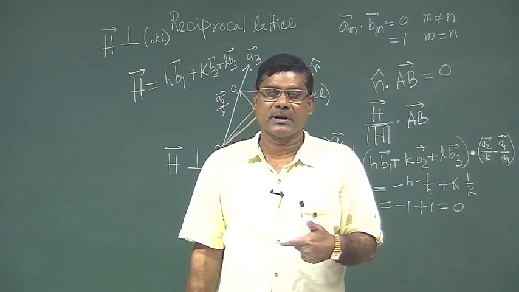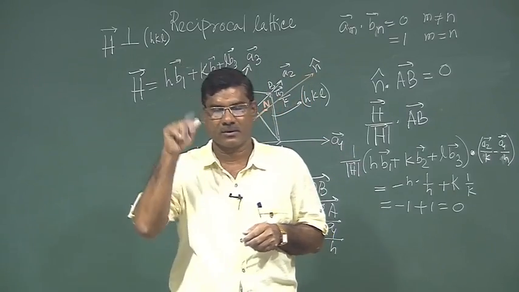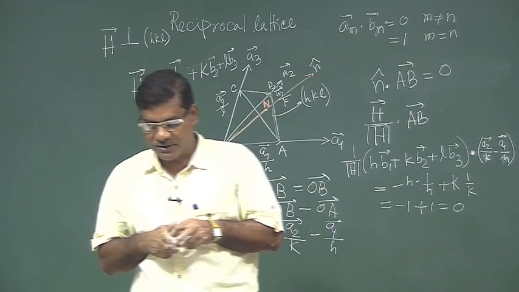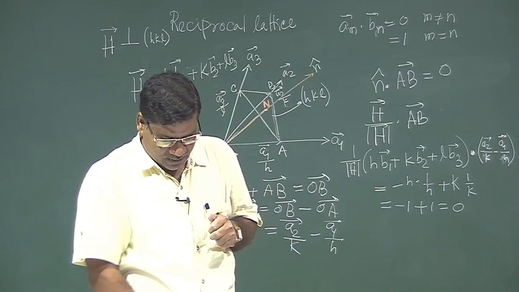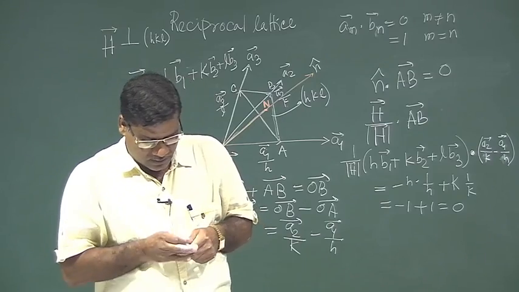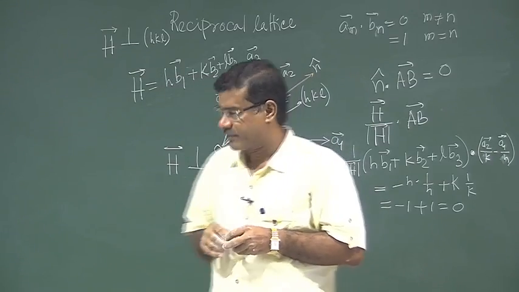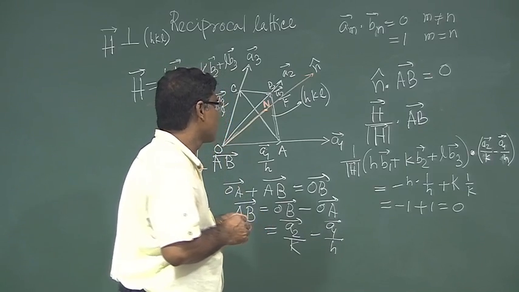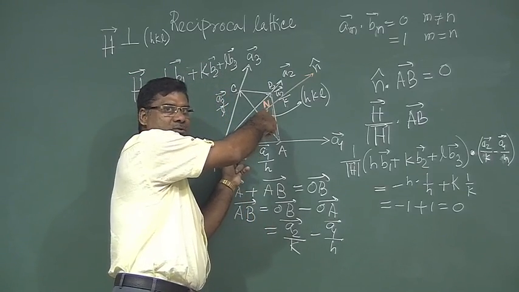Now I will show that the magnitude of this H is nothing but 1 by dHKL. One can easily show this. I have to show what is the magnitude of this ON.